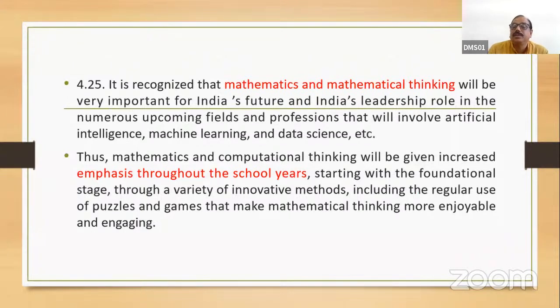It is a core subject. So language, science, mathematics, and social science are the core subjects. Only in class 11th and 12th do they have a choice whether to go with the science stream or with the humanities. Till class 10, it has been made a compulsory core subject because of its importance.